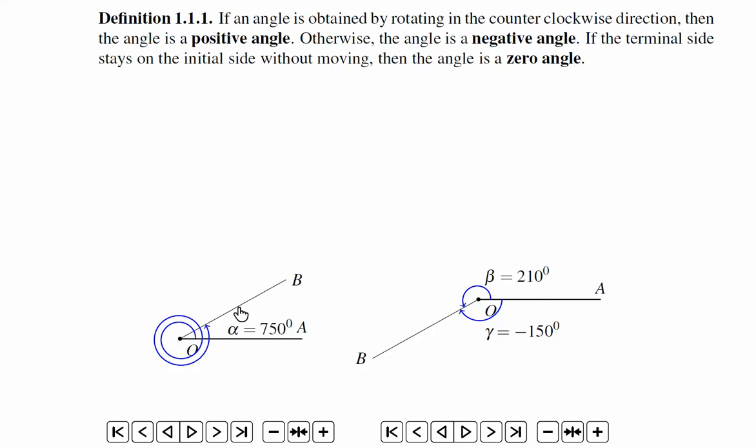So then the angle will be greater than 360 degrees. Of course, here this angle, terminal side OB, can be obtained from here to here, or you can do one more circle.